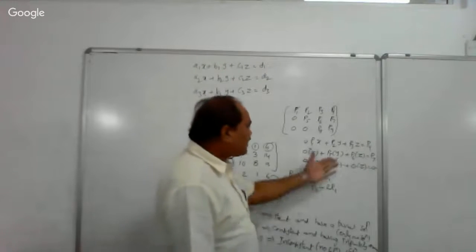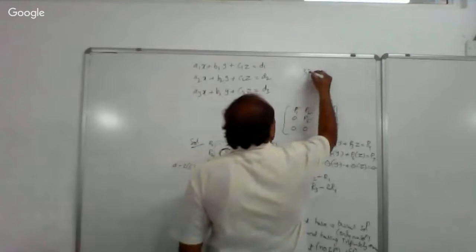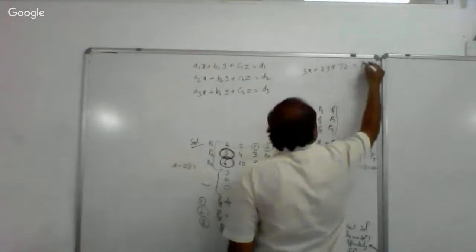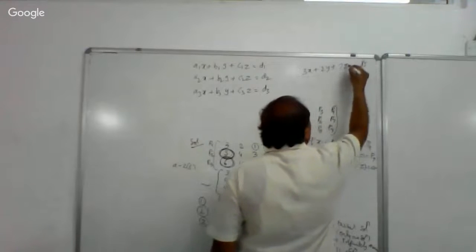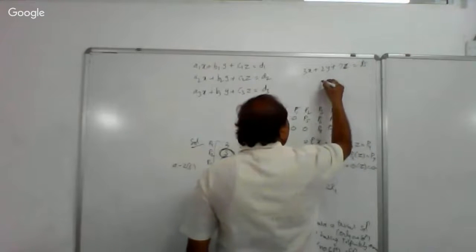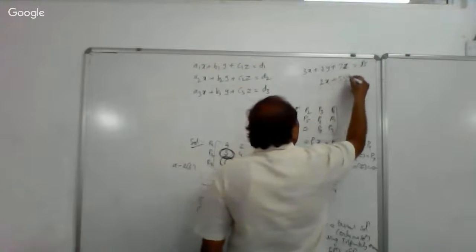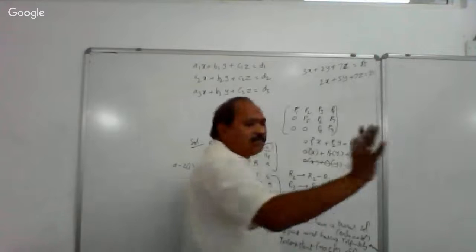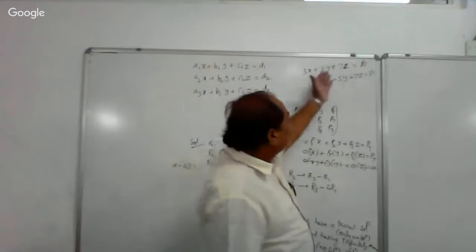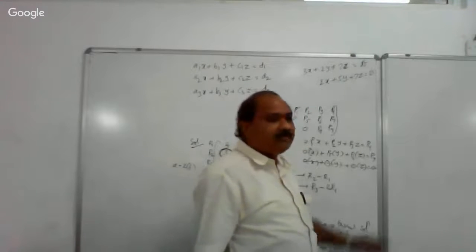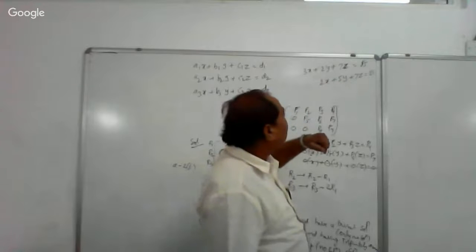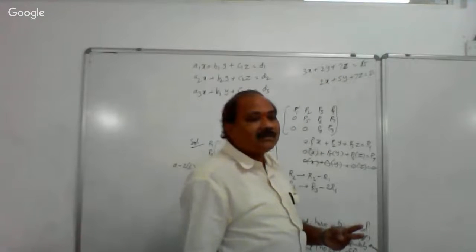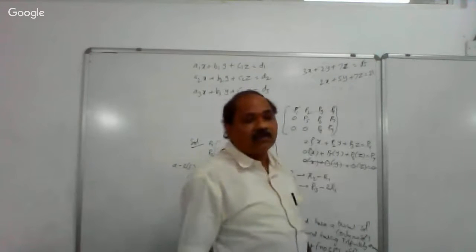Why? Because, for example, 3x plus 2y plus 7z equal to 15, and 2x plus 5y plus 7z equal to 21. But here we have only two equations. By solving these two, we won't get three values for three unknowns.